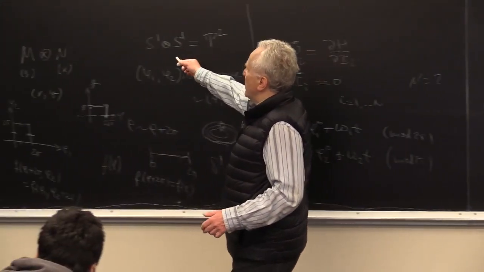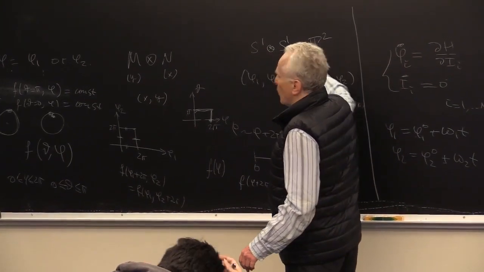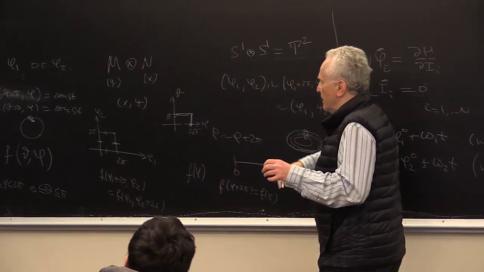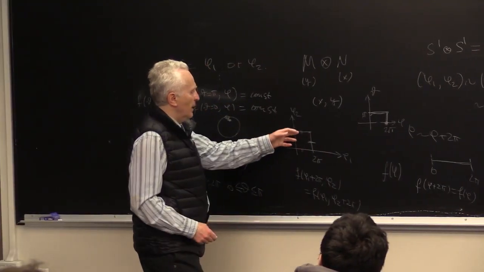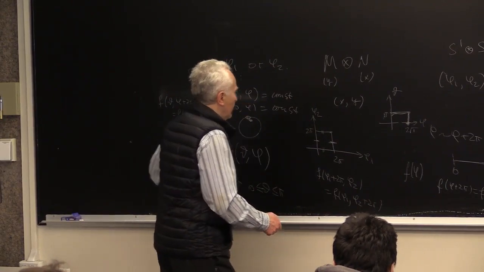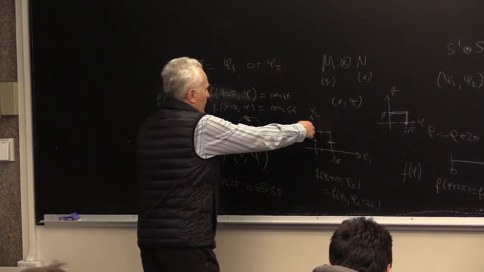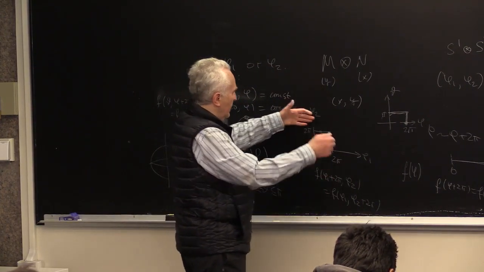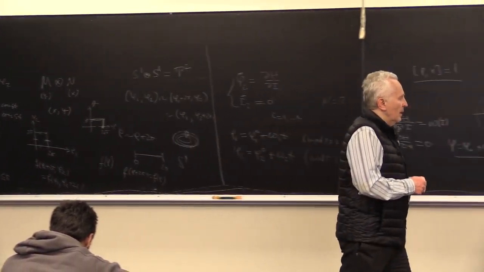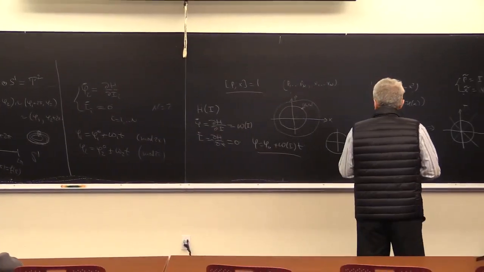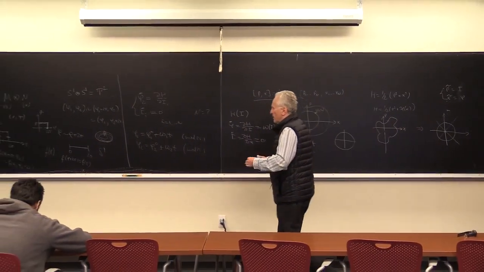What is called an n-dimensional torus is just the product of n circles. Once again, you obtain it by considering, say, a cube and identifying faces of the cube. So it's all very easy.